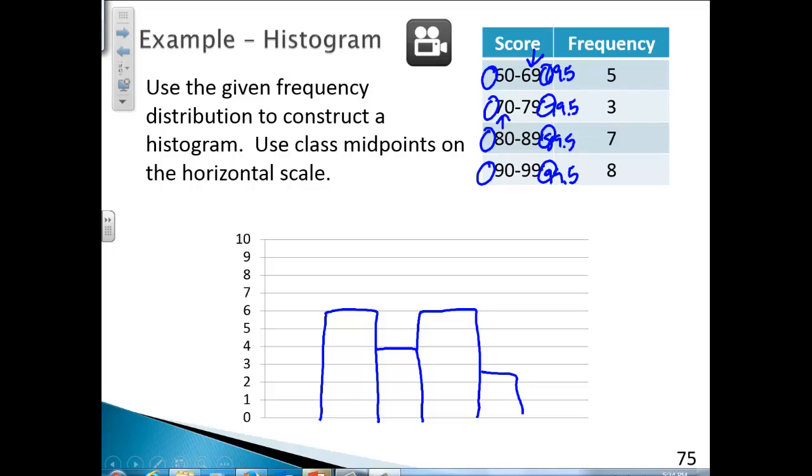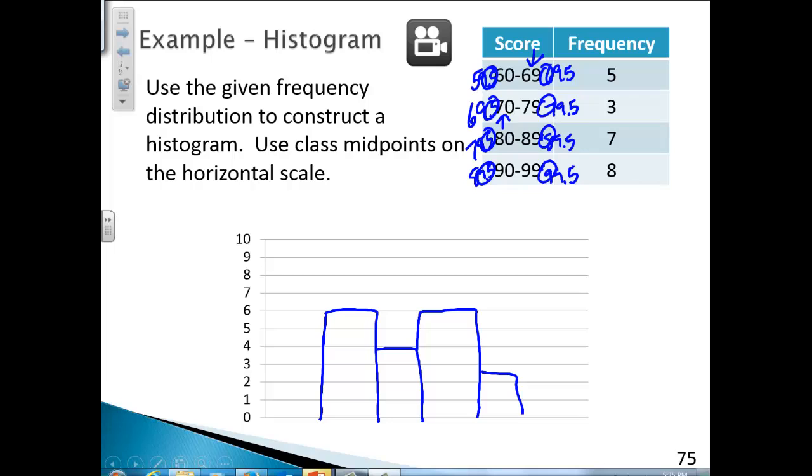Then on the other side, it would be 59.5. And again, that's just following the pattern. What's lower than 60? Class boundary wise, 59.5. And then our next one would be 69.5, 79.5, 89.5.